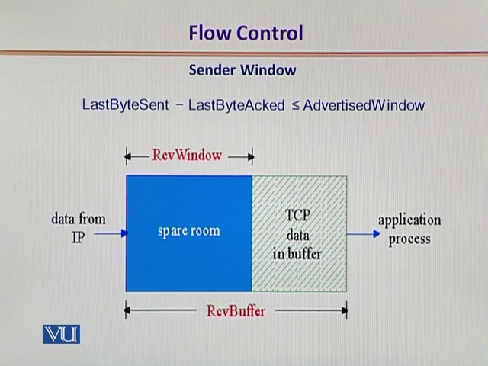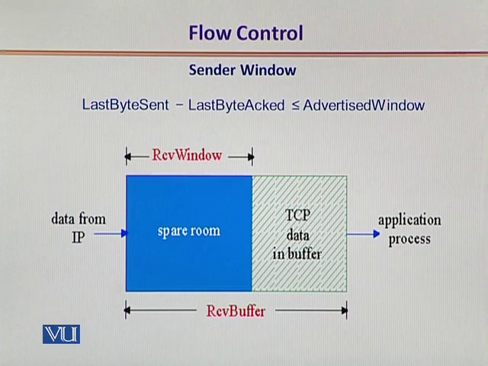When the sender receives this, it has to abide by the upper bound given by the advertised window of the receiver, such that the last byte that it has sent and the last byte that was acknowledged would have a relationship with each other. If whatever has been sent has readily been acknowledged, it means it can transmit at an unthrottled rate.